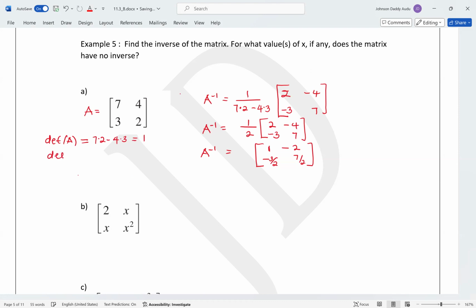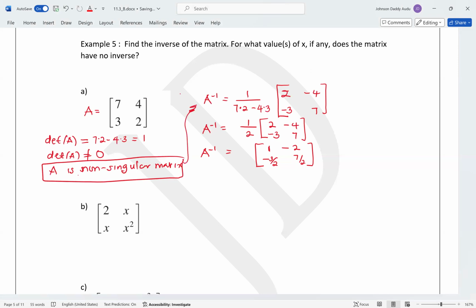So we see that the determinant of A is not 0, which means that A is a non-singular matrix.